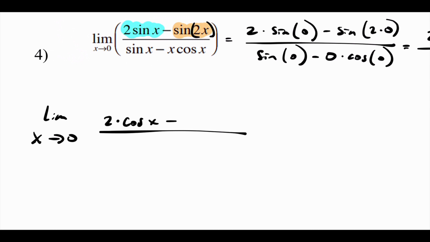Now the orange part, I'm going to have to use chain rule for that because it's not sine of x, it's sine of 2x. So the derivative of sine is cosine times, inside, the derivative of 2x is just 2.